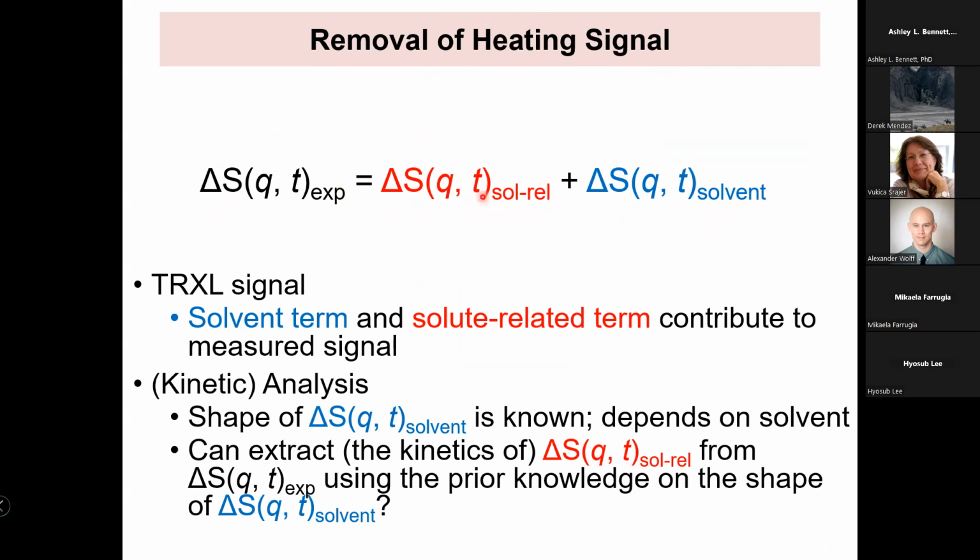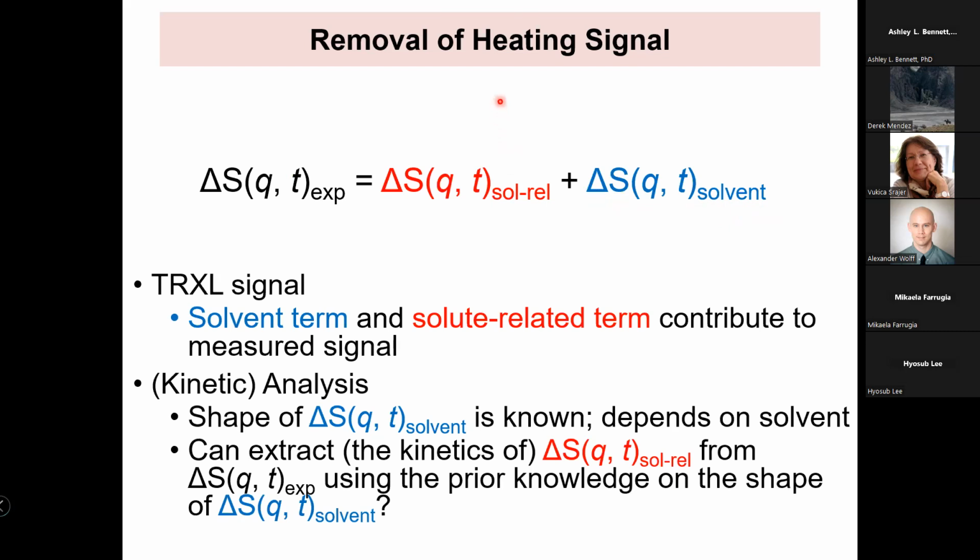One is called the solute-related term, which contains information regarding the change of solute molecules and the surrounding cages or hydration layers. The other is called the solvent term, which contains information regarding the heating of the solvent and density change of the solvent.